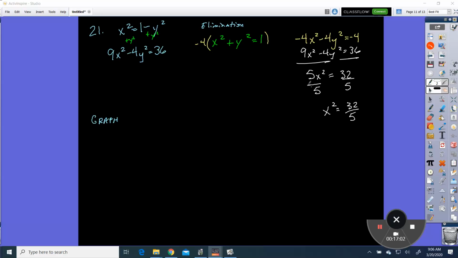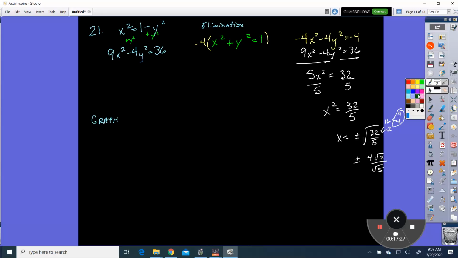For the sake of what we're after, we're going to solve this for y. So I get x equals plus or minus the square root of 32 over 5, and then we could take out 32 is 16 and 2, so that's 4 and 4. So there's a pair of 4. So what I really have is plus or minus 4 square roots of 2 and square roots of 5 on the bottom.